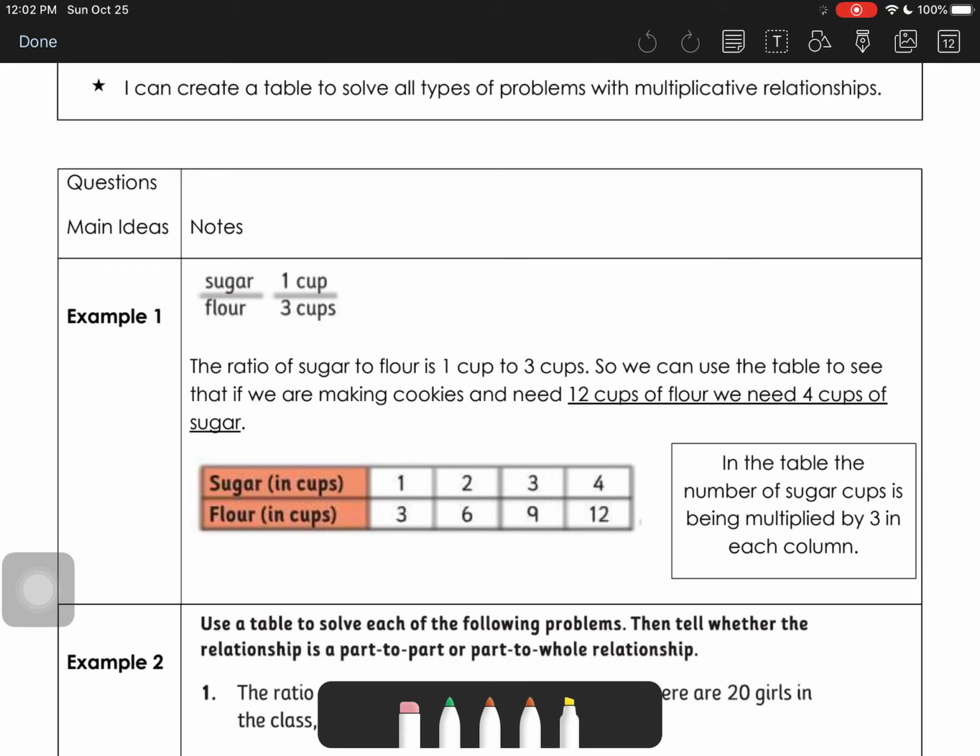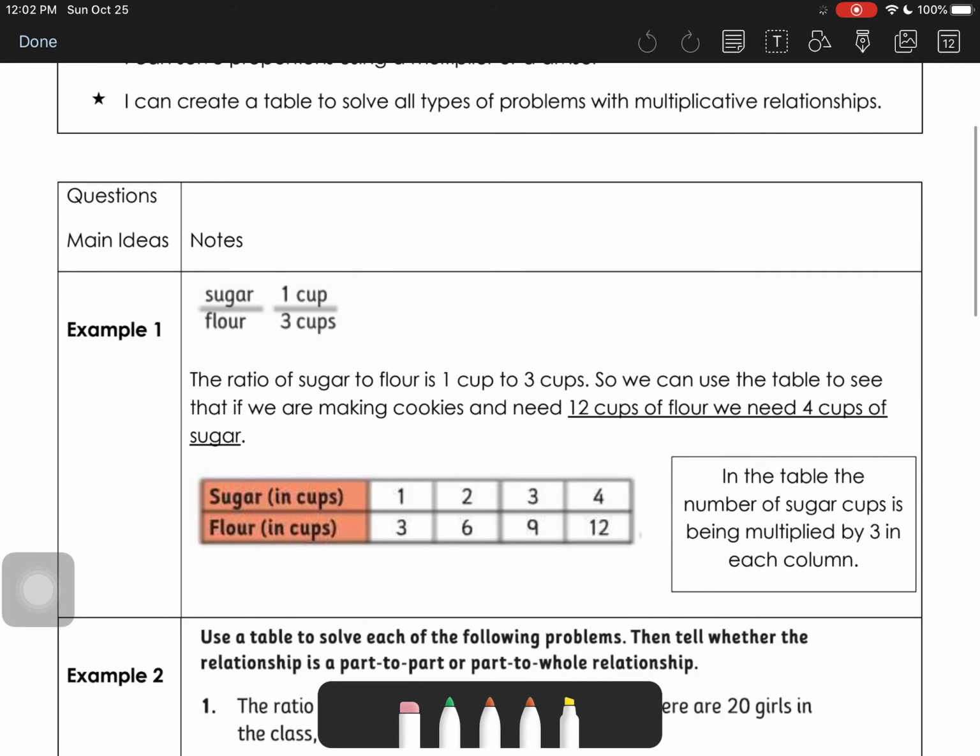Because our ratio is 1 to 3, we can multiply both the sugar and the flour by 2, or we could multiply by 3, or we could multiply by 4 to figure out how much sugar and flour we need if we need to increase the recipe. In the table, the number of sugar cups is multiplied by 3 in each column.